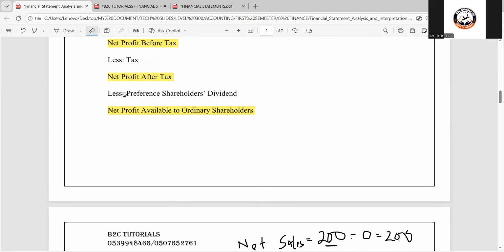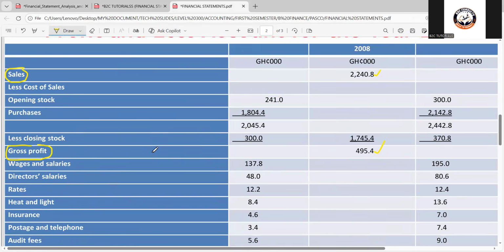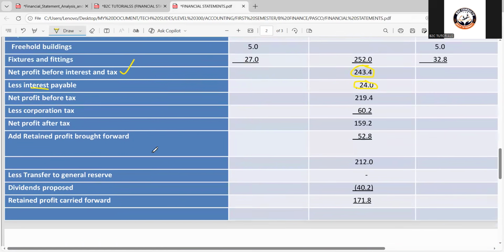In the case whereby there is no preference shareholders' dividend, you just pick that of the net profit after tax and use it. That is why they said, if any, it is not all questions that will give you preference dividend. So it means that the net profit after tax becomes that net profit after tax and dividend. So in this particular question, there was no preference dividend paid.